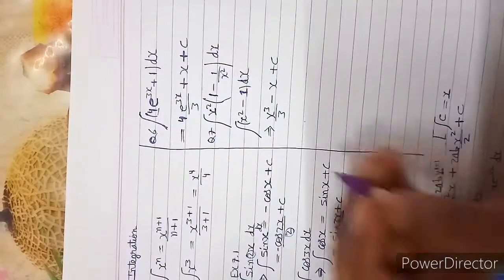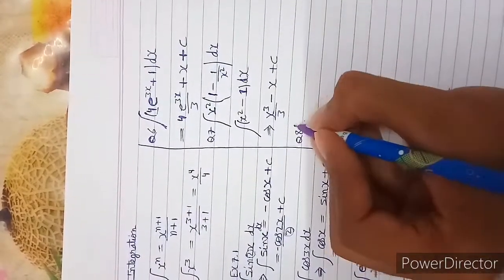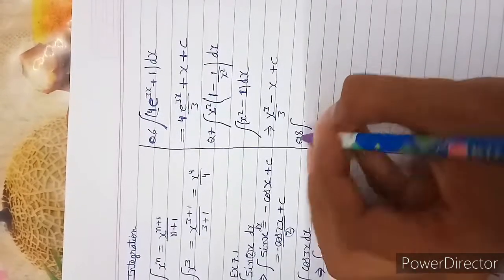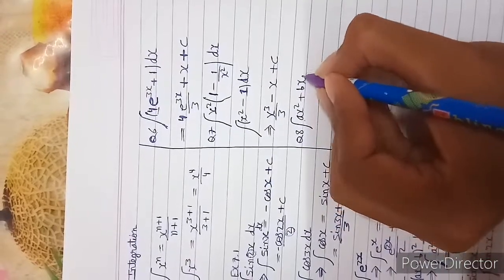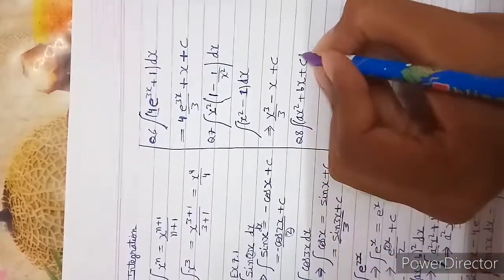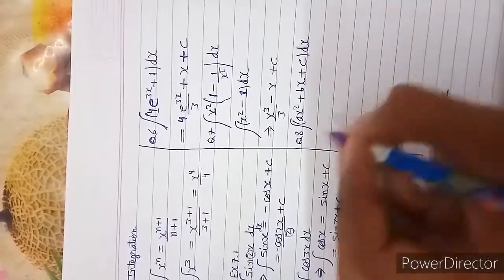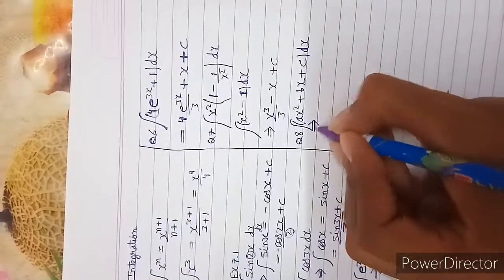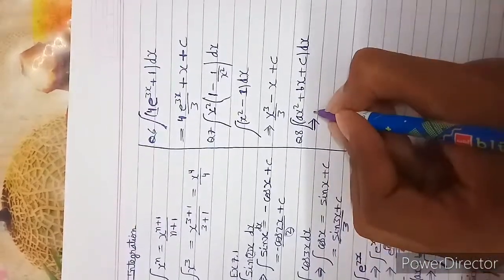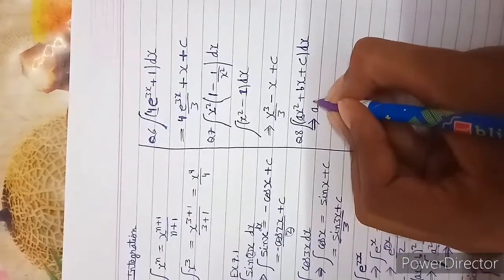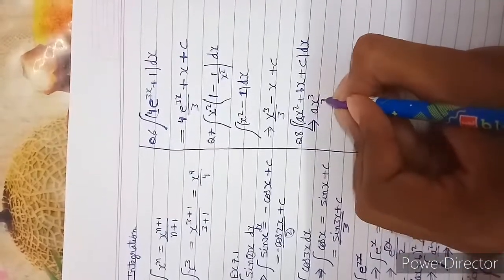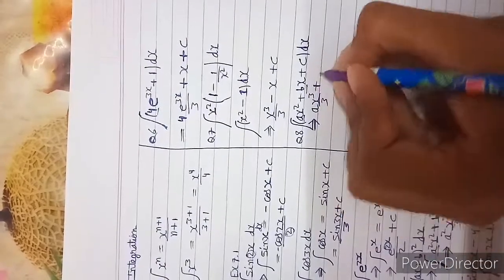Now moving to our question number 8, which is the integration of ax square plus bx plus c. We have to integrate this. So a is a constant, we will put a outside. Integration of x square, which is x cubed by 3, plus b, which is again a constant.